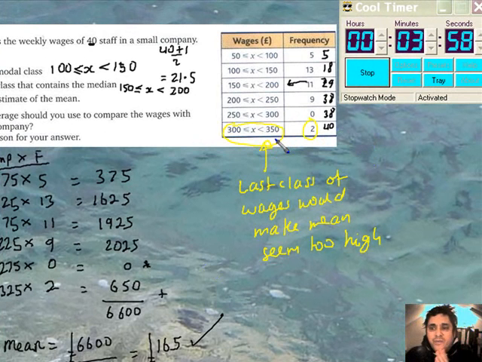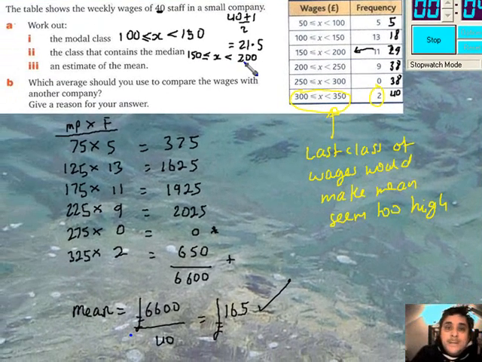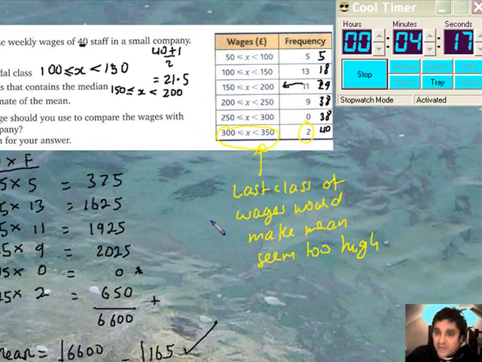So you can go for the median because that picks the middle staff member. Then as we said over here, we just read across and find that this median guy is within £150 to £200 per week. So I would use the median, and also argue against using the mean for the reason that I've just said over here.